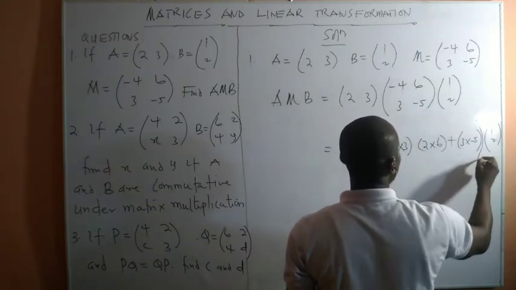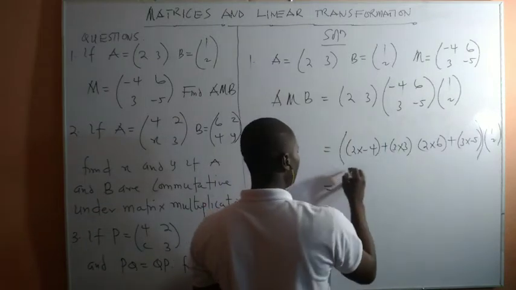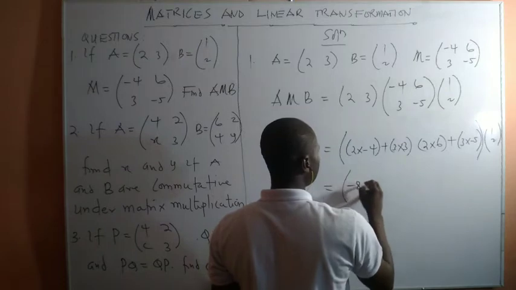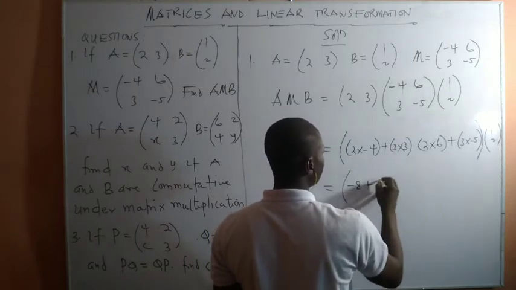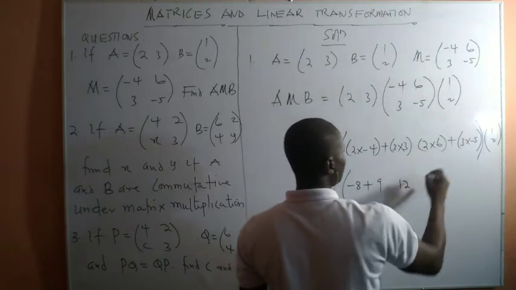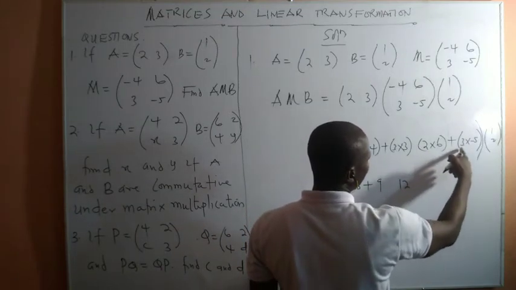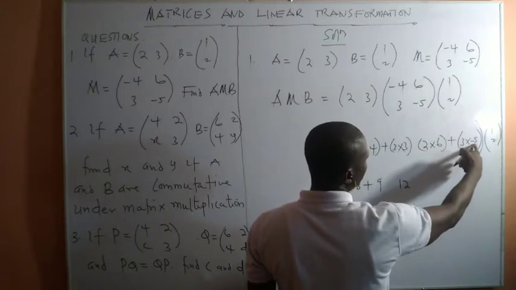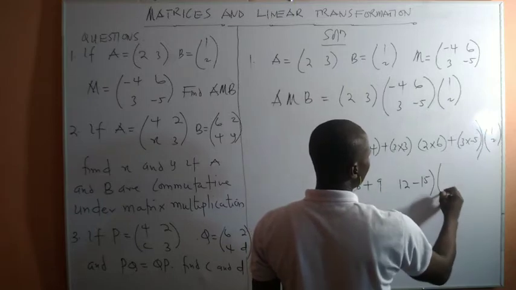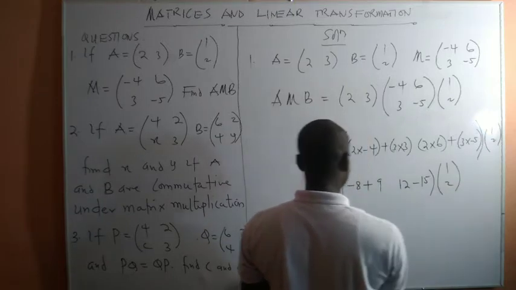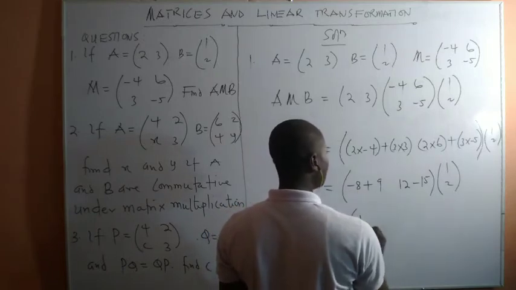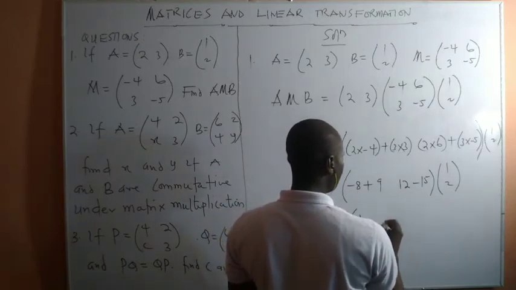Let's simplify this. 2 times minus 4 will give us minus 8, plus 3 times 3 is 9. Then 2 times 6 is 12, plus 3 times minus 5 is minus 15. Then multiply by [1, 2], the column matrix. So minus 8 plus 9 will give us 1, then 12 minus 15 will give us minus 3.